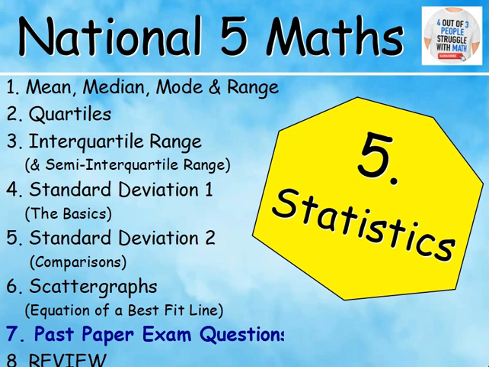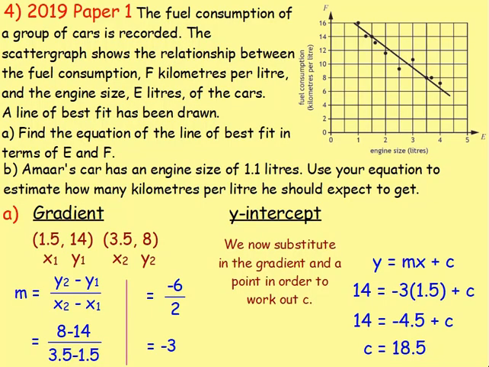We then looked at some past paper exam questions, and the only one I wanted to highlight in this review lesson was this one. The reason I'm highlighting this one is with the best fit line, we're not told 2 points. So what we've got to do is look at where these horizontal and vertical lines cross and try to pick off some points.